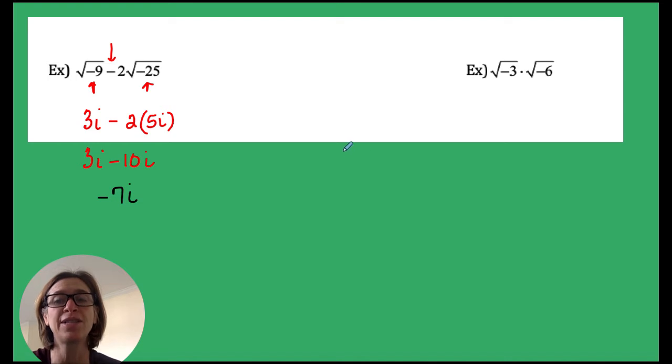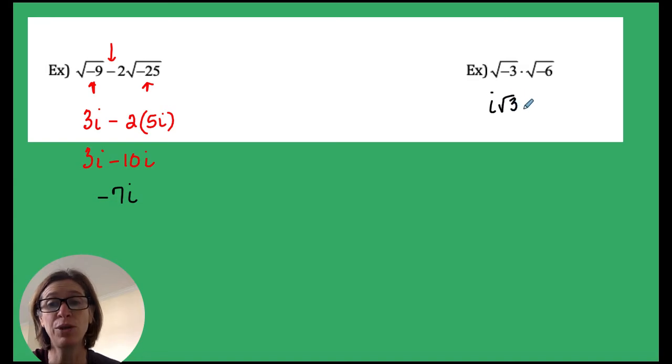Now, I know the tendency here would be to want to multiply -3 times -6 and get a positive number. But if you do that, that's actually incorrect. You have to deal with the negative first. So this would become i root 3 times i root 6.